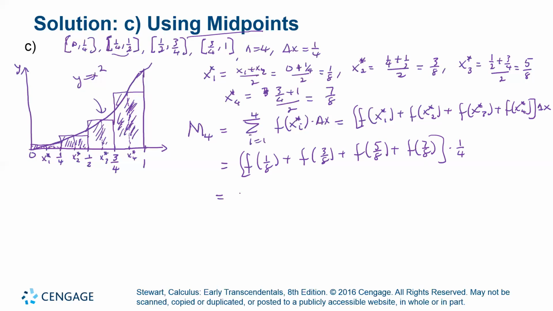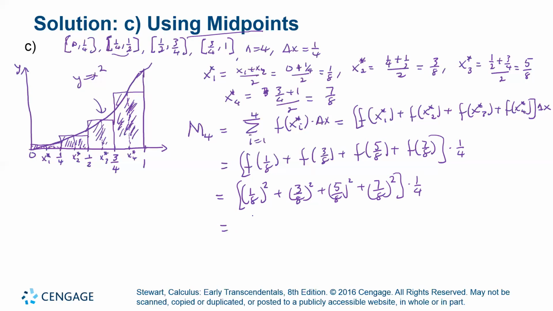So this is equal to 1/8 squared, because the function is x squared, plus 3/8 all squared, plus 5/8 all squared, plus 7/8 all squared. Then everything times 1/4.